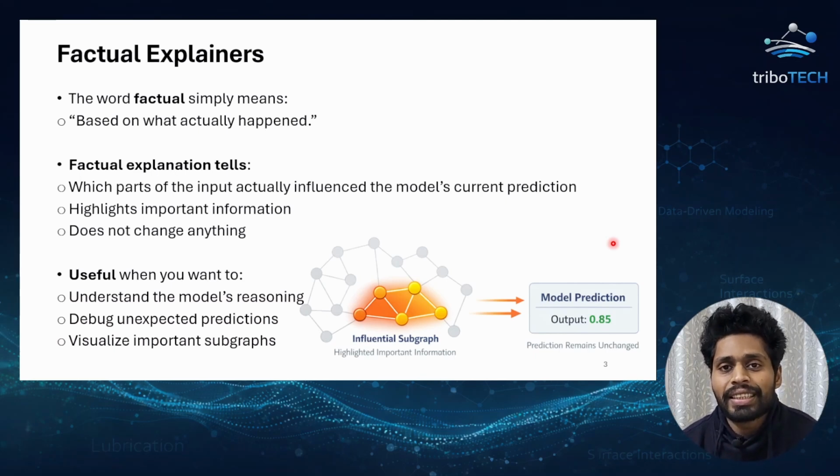Now, these are useful when you want to understand the model's reasoning, when you want to debug unexpected predictions, or if you want to visualize important subgraphs. That's a basic thing that explainers are supposed to do.